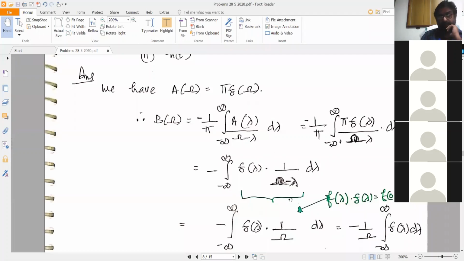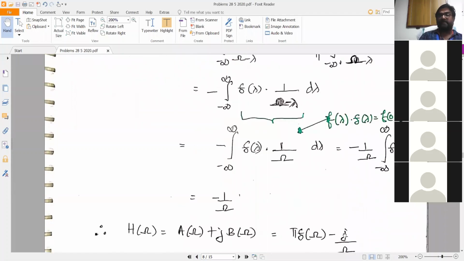So now we can apply the shifting property of the impulse function. So you have this representation here, f of lambda into delta of lambda is equal to f of 0 into delta of lambda. So therefore this becomes delta of lambda into this evaluated at lambda equal to 0. So that is just 1 by omega. And I can take this 1 by omega outside because it's an integral with respect to lambda.